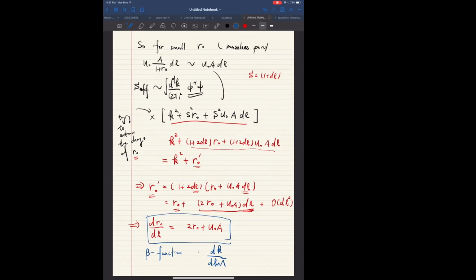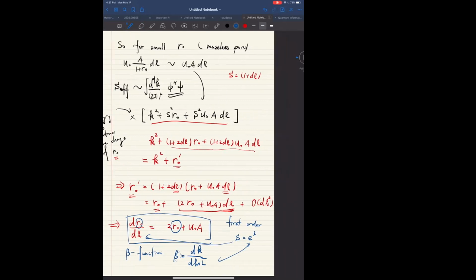Now we define S as the exponential of L, so the log of the scale is basically replaced by dl here. So this is nothing but the beta function, and you see it's a first order differential equation. So far so good.